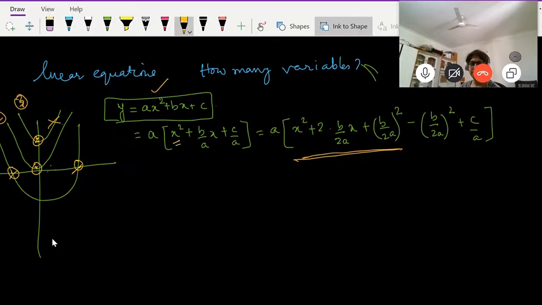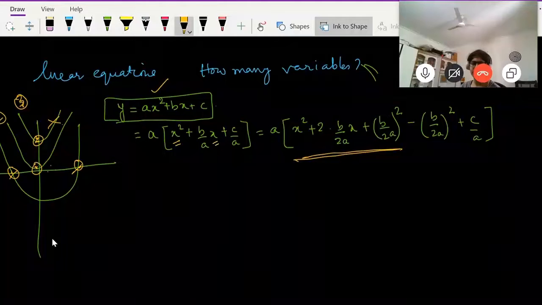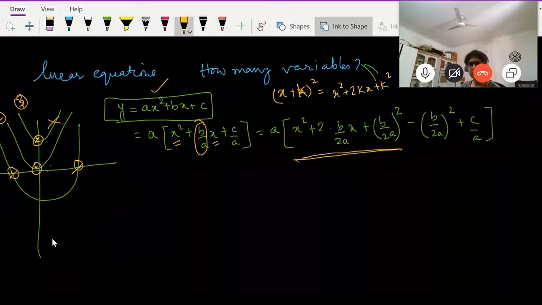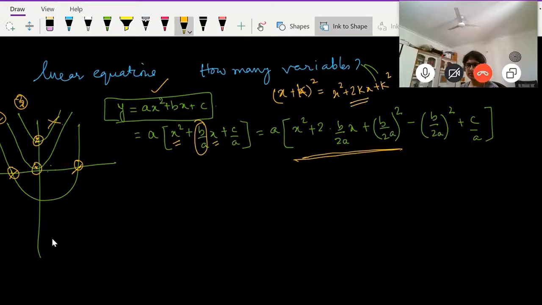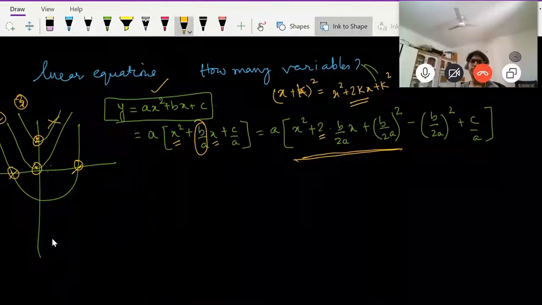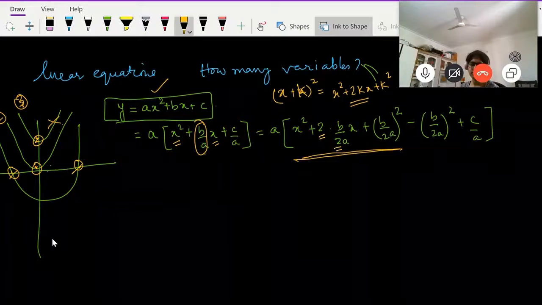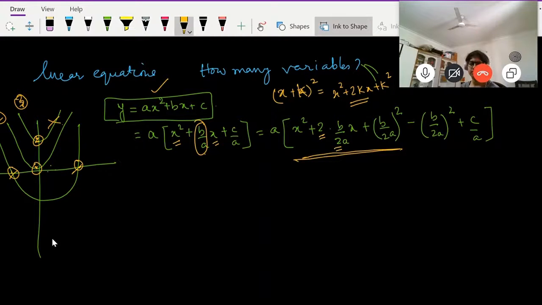I had x square here, I had b by a x here, and I know that x plus k whole square is equal to x square plus 2kx plus k square. So I'm trying to build this term 2k. So I brought 2 here. I cannot change the term, so I had b by a, and I had to bring a 2 here so that the overall term remains same, right?